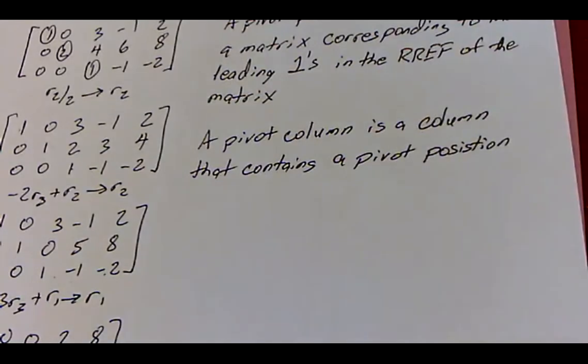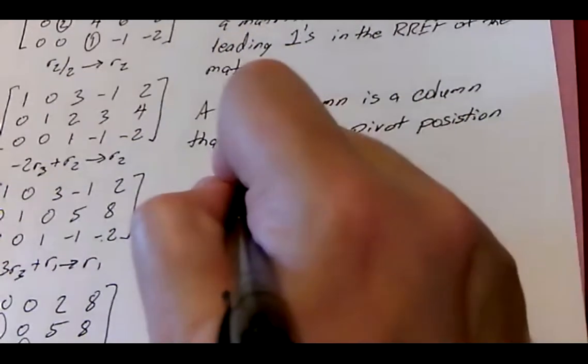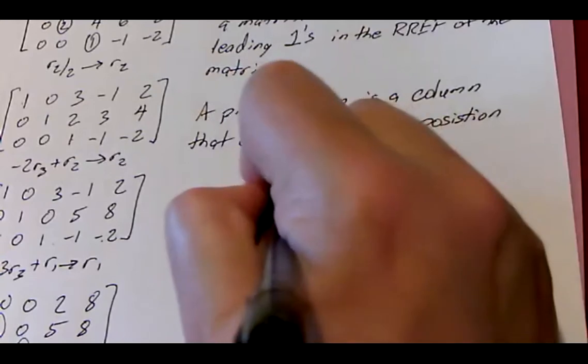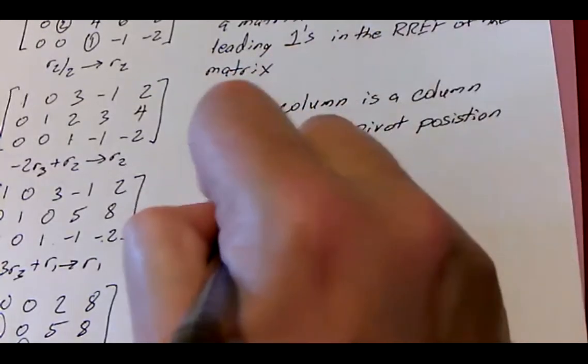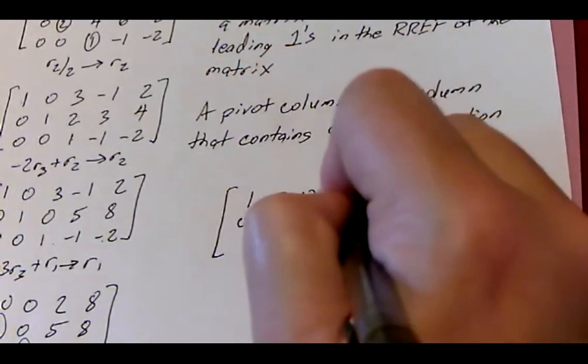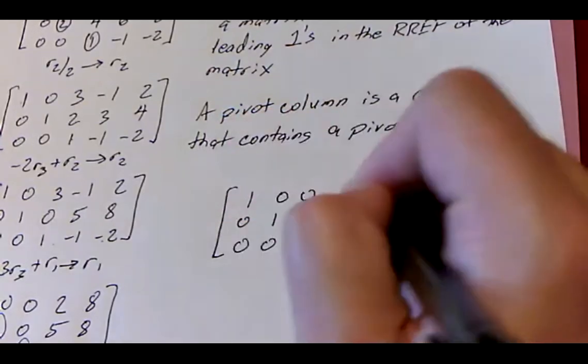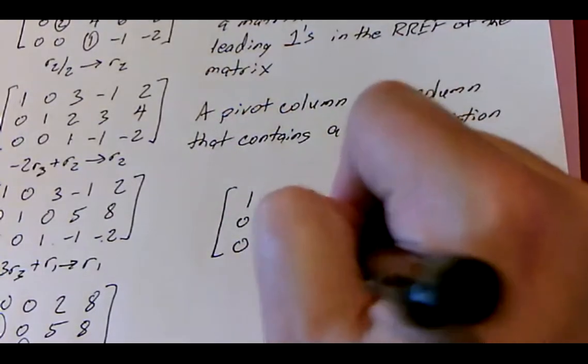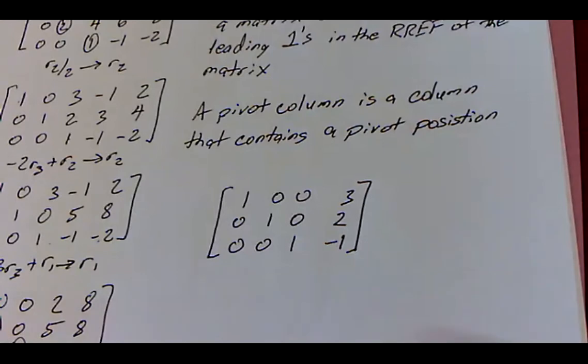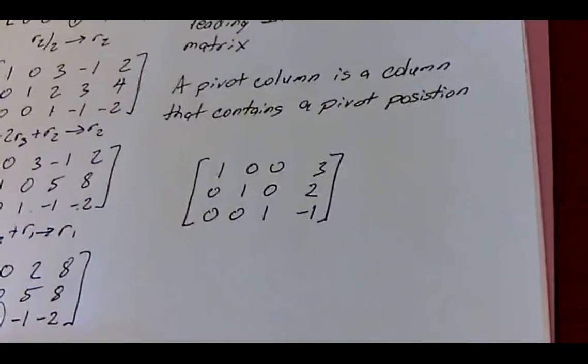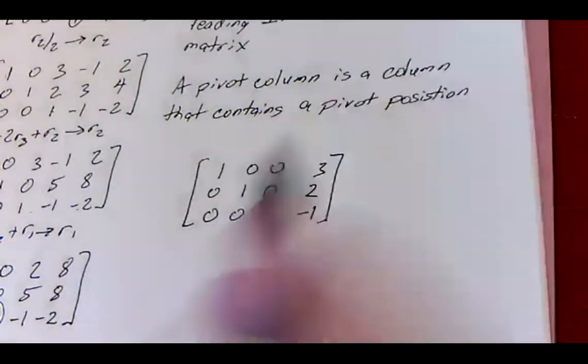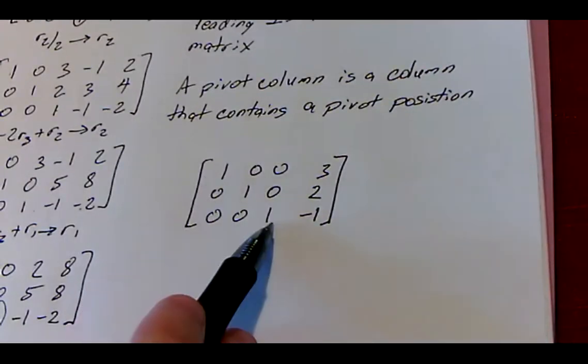So if we think about the relatively simple matrix that I started with and some of the systems that we solved in the previous section, and if we think about that simple matrix that I had on the last page, my pivot positions are already very easy to identify. It's where those leading ones are.